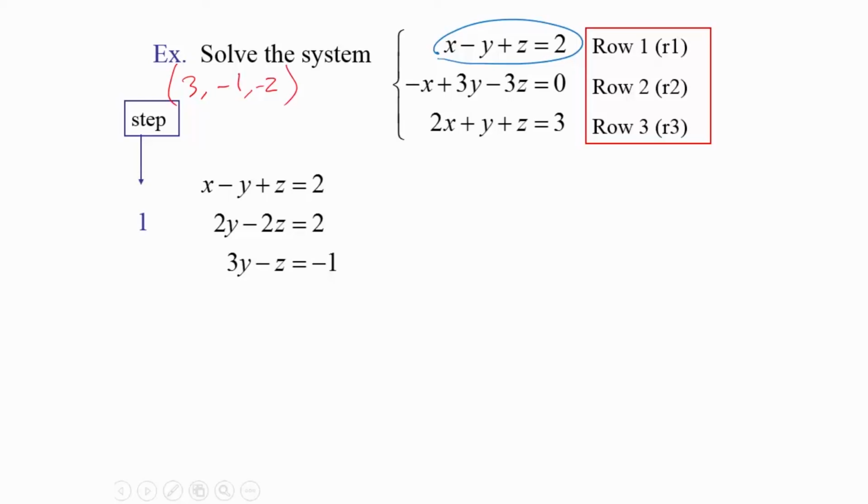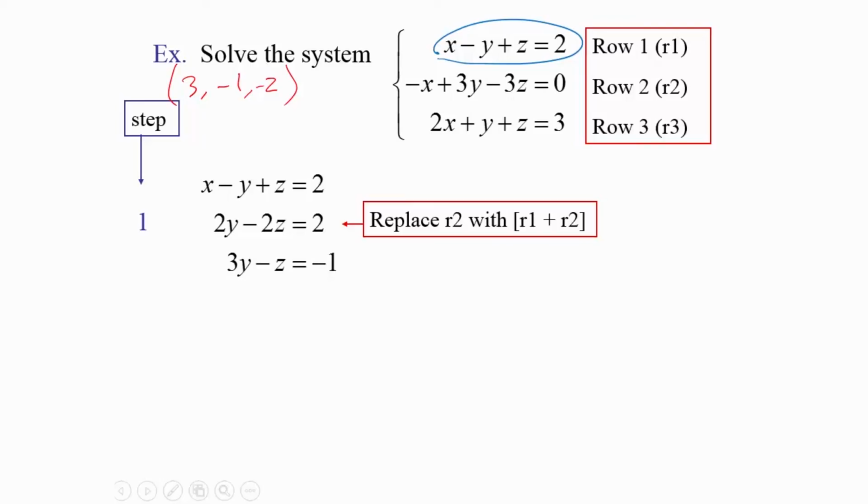And here 2y minus 2z equal to 2, 3y minus z equal to 1, right?